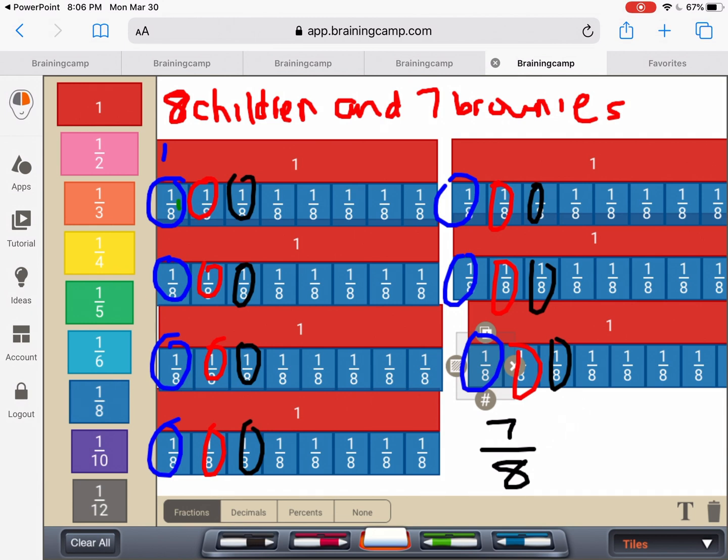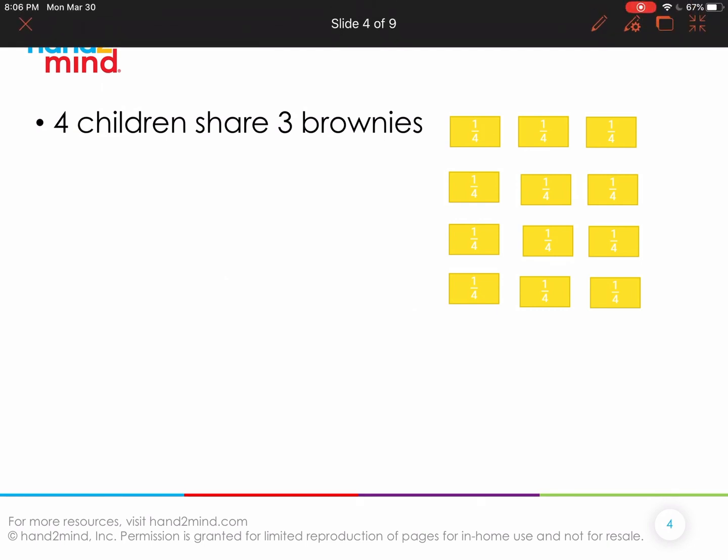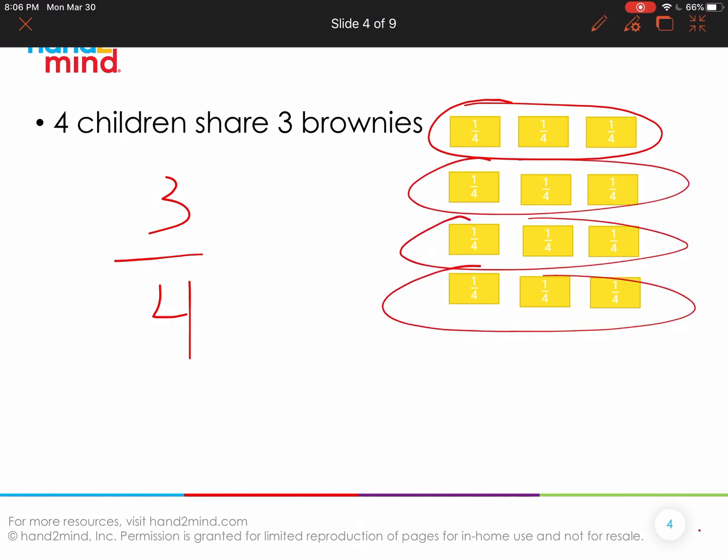Okay, so write that information down so we can go back and we can talk about this. So what we saw was that 4 children share 3 brownies, which means that each one of them got 3 1/4 pieces. I can see that right here. They got 3 1/4 pieces, or 3/4.